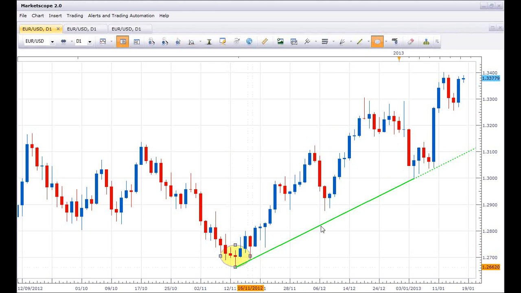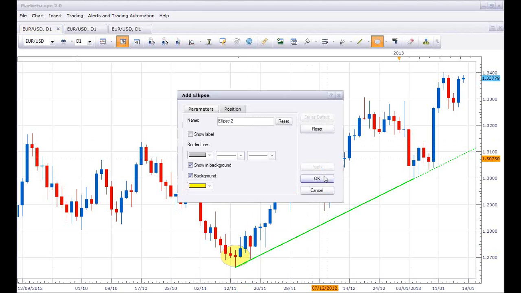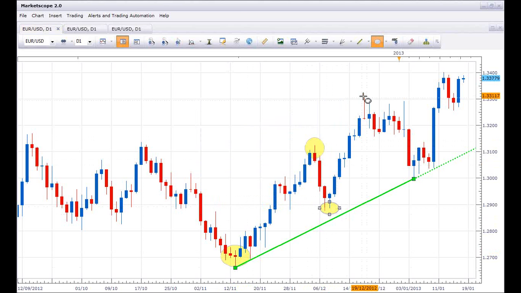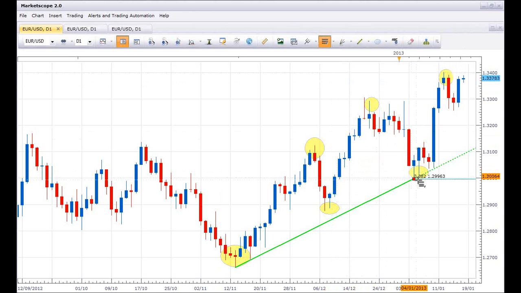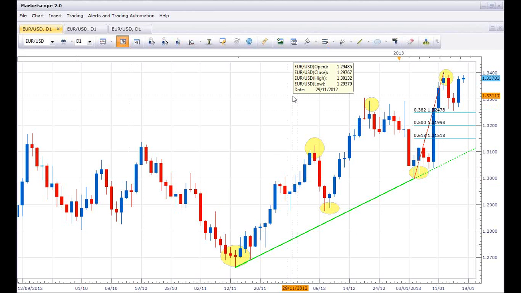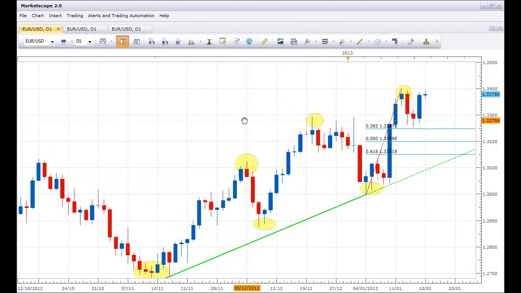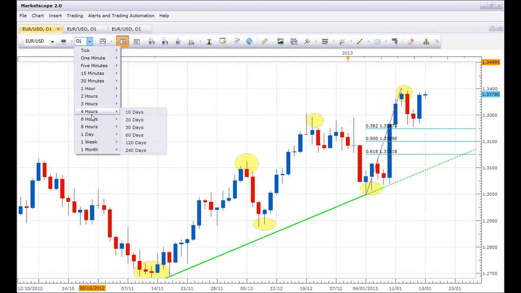From there, I put in the Fibonacci retracement from there. So it's an uptrend on the daily, and then I went to the 4 hourly.